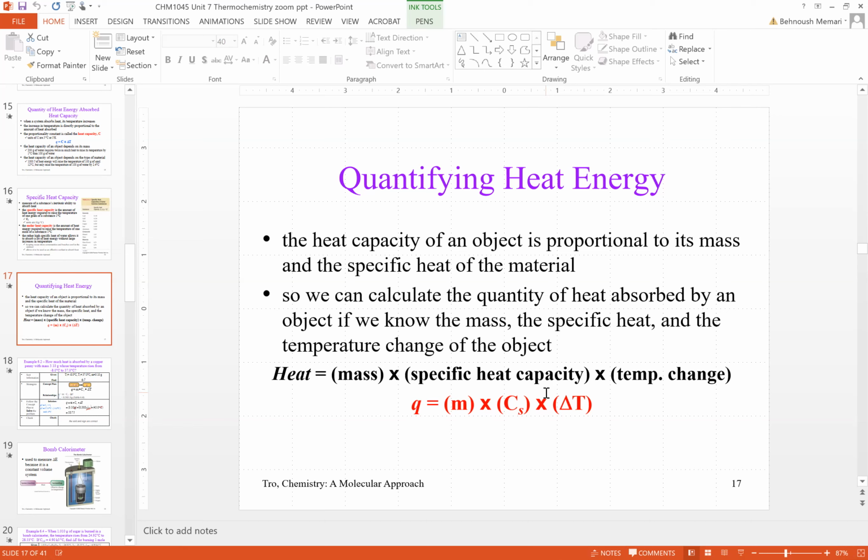But it's easier to separate the two and use the mass times specific heat capacity, which is expressed based on a gram. It's per gram per degree Celsius. If it's a joule, it's going to be joules per gram per degree Celsius. That would be the unit for a specific heat.